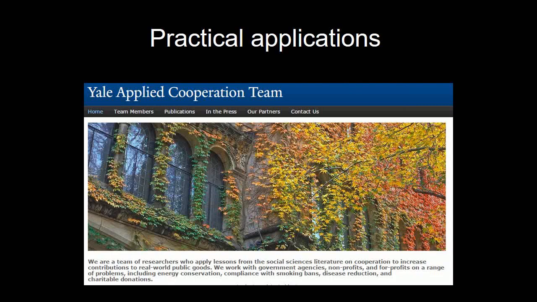And then we'll conclude by talking about practical applications of the stuff we're talking about to solving real-world cooperation challenges. Among other things, I direct the Yale Applied Cooperation team, where we work with lots of different organizations, government, NGO, and private companies to run field experiments, using our basic science knowledge to help them solve cooperation problems that they are facing.